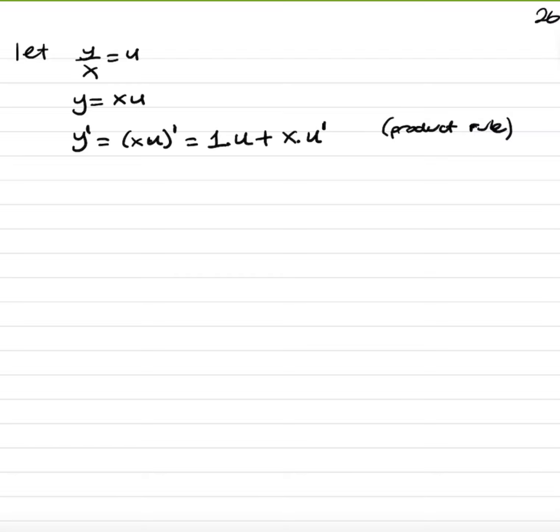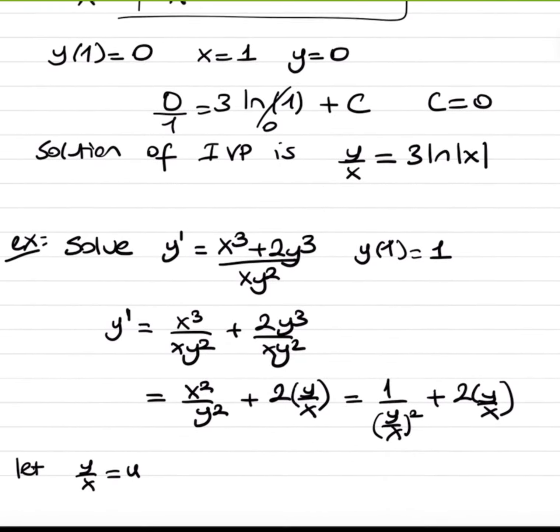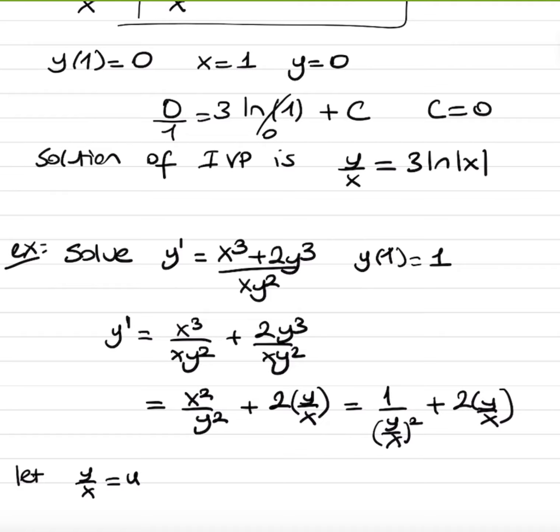Then we will have y prime, or dy over dx. So how was our y prime? y prime was equal to 1 over y over x square plus 2y over x.